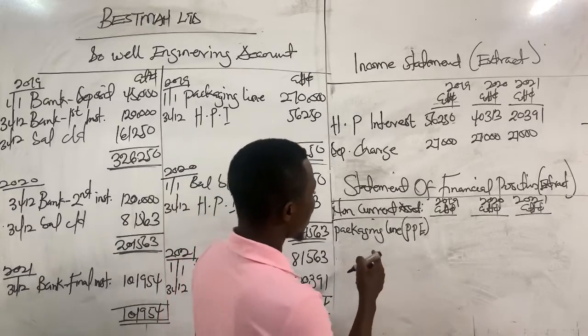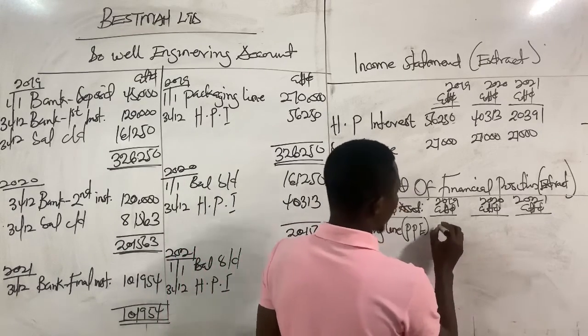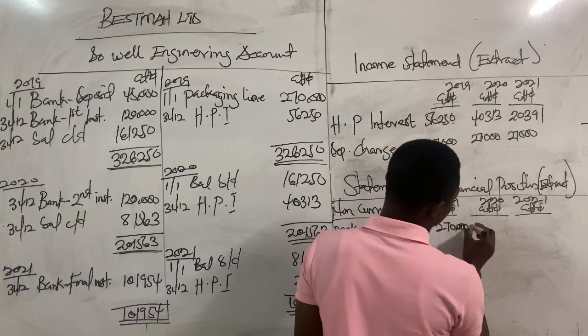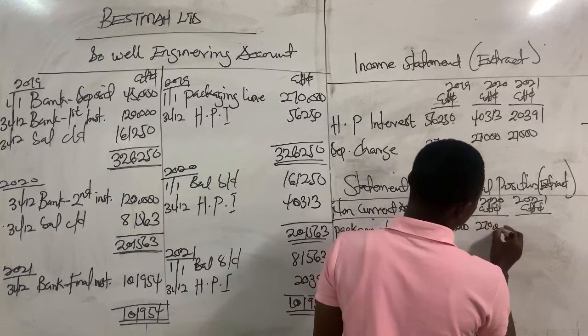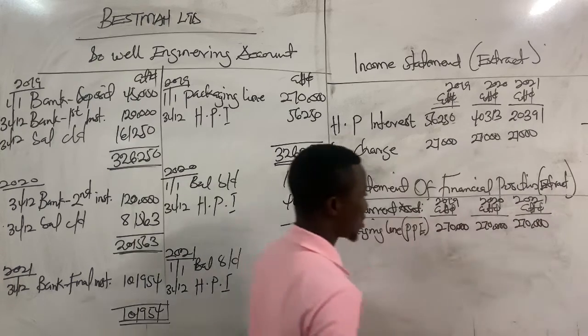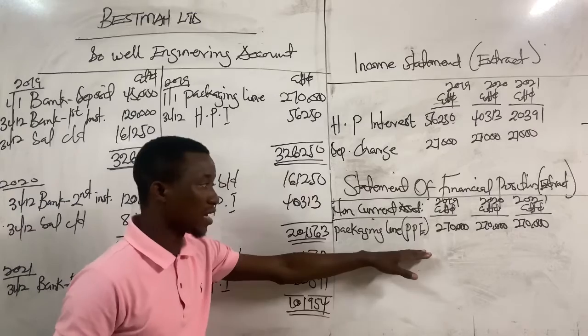So the cost of this asset is 270,000 as the cost of the assets.